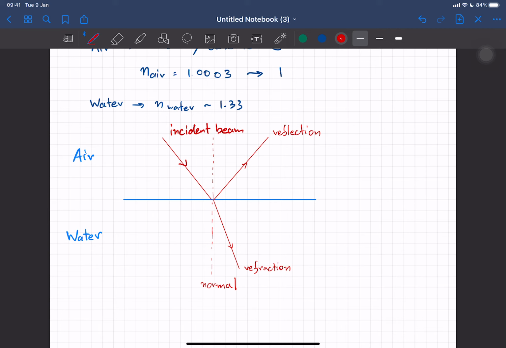And these three beams, we can characterize the direction by looking at the angle that it makes with the normal line. So we have theta I, the incident angle, or the angle of incidence. Then we have theta R, which is the reflected angle.